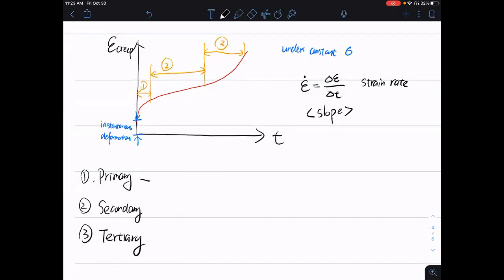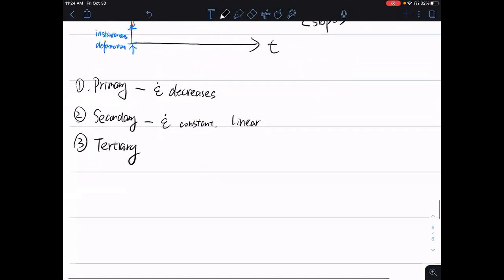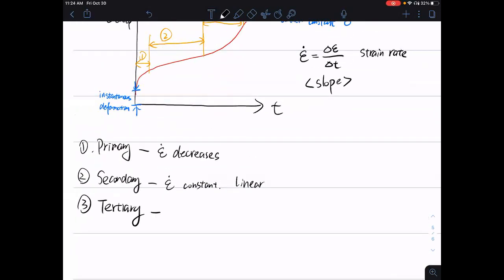At the first region, that strain rate decreases over time. And at the second region, the strain rate is a constant because that's a linear region. In the third region, that strain rate increases.